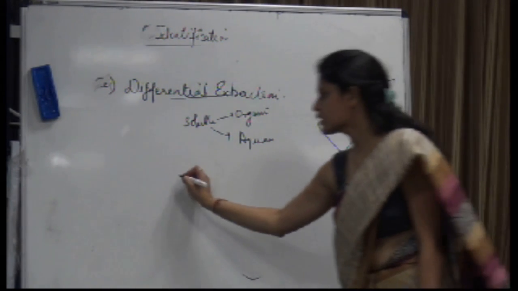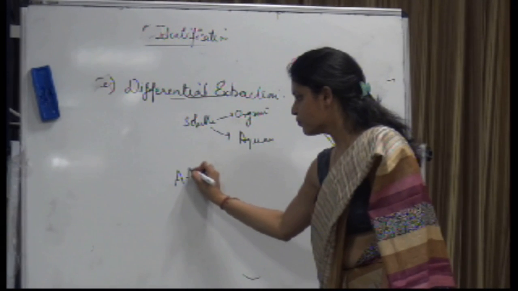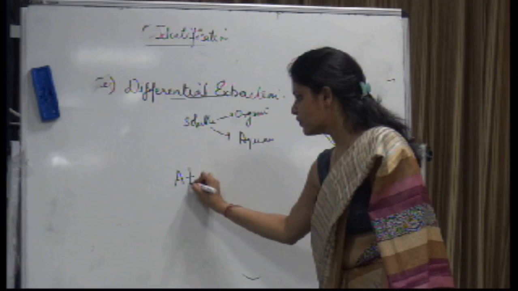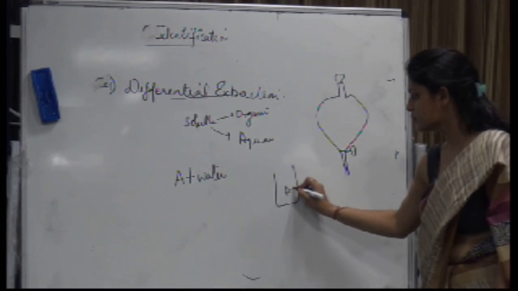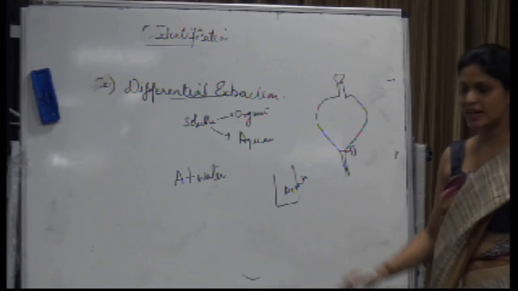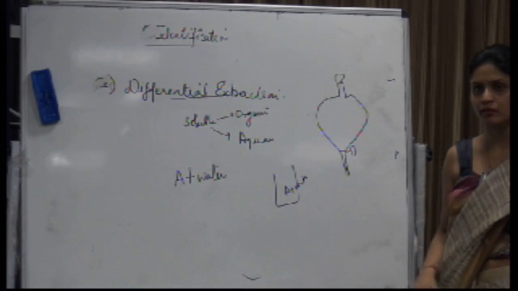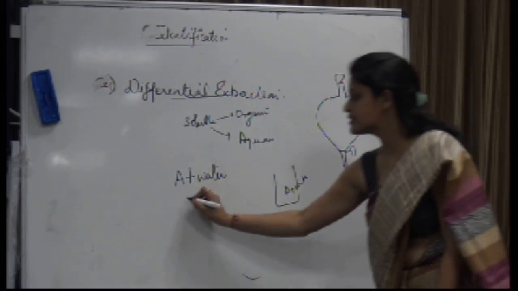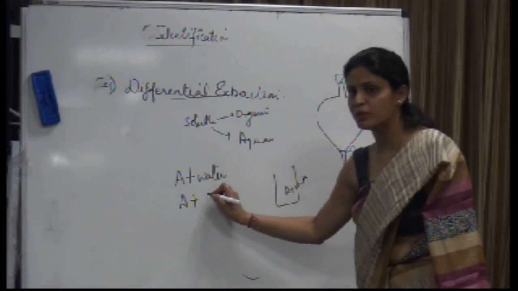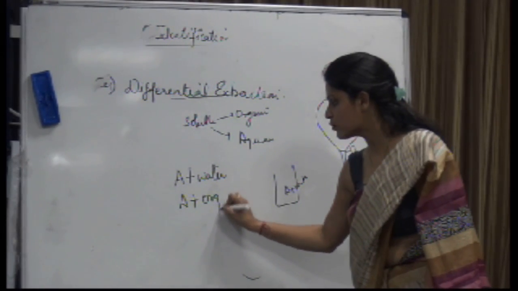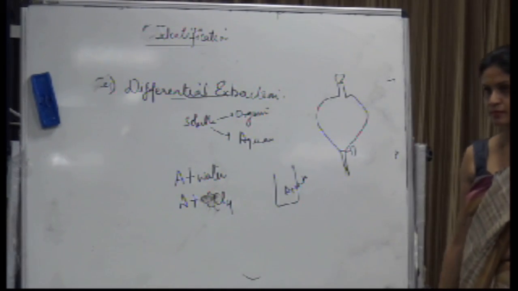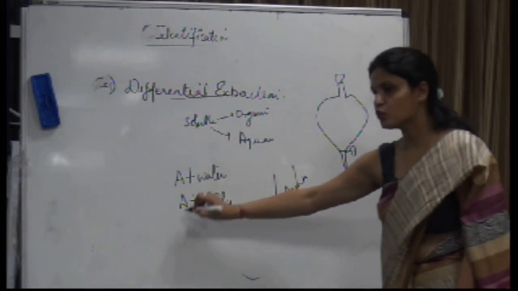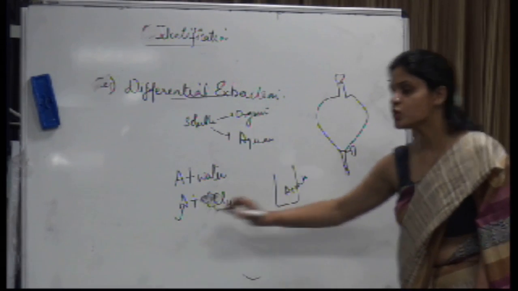Suppose I am given a compound A with water. I am saying this beaker contains A plus water and I want to separate A from the water. But I know this A is also soluble in some organic liquid, say like CCl4, and still I want to extract compound A. So what will I do?